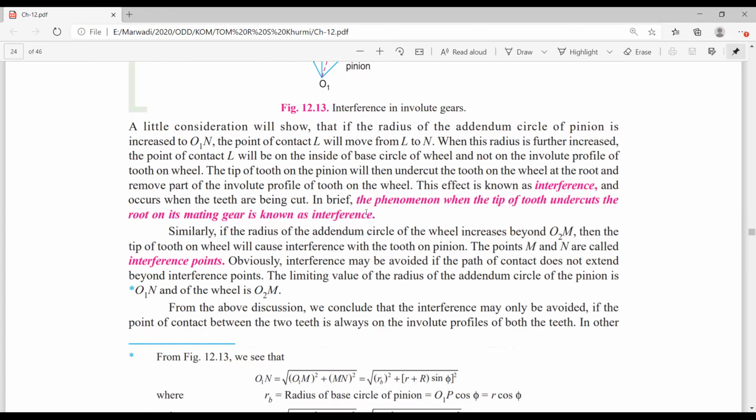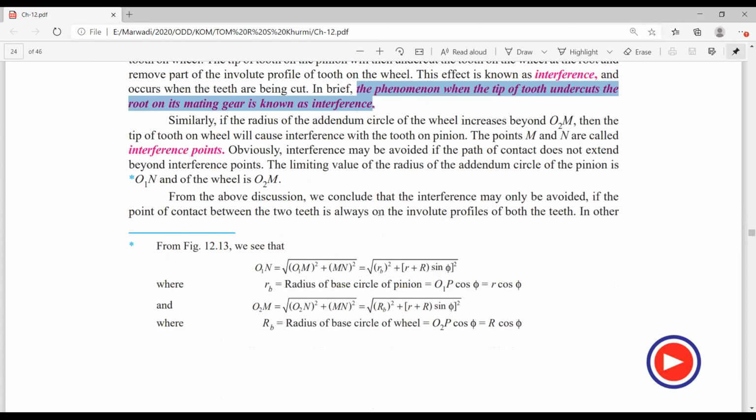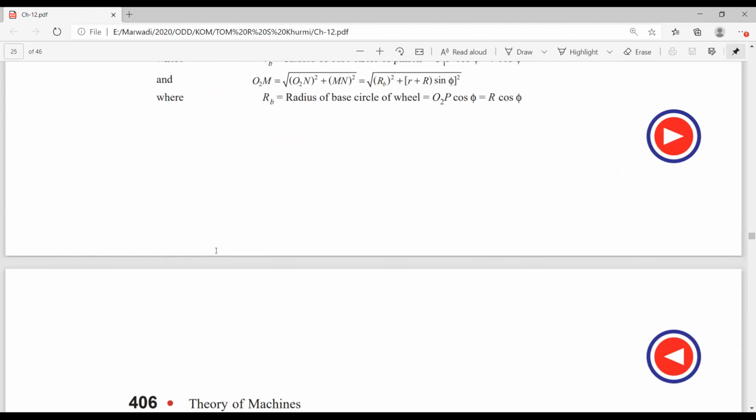So interference is the phenomenon when the tip of the tooth undercuts the root of its mating gear. This is what we discussed in the previous lecture. I'm just highlighting here on this PDF.